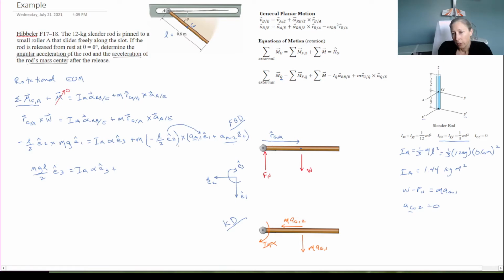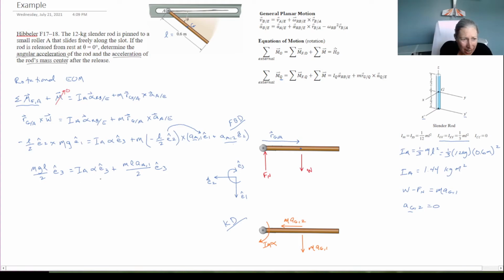So negative E2 cross E1 is going to be a positive E3. So this is going to be positive mLA in the E1 direction over 2 in the E3 direction. The cross product is going to be in the E3 direction. Let's see, do I have everything in there? I think I do. It's a lot to keep track of.